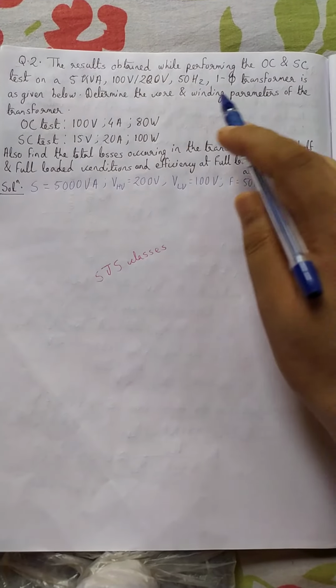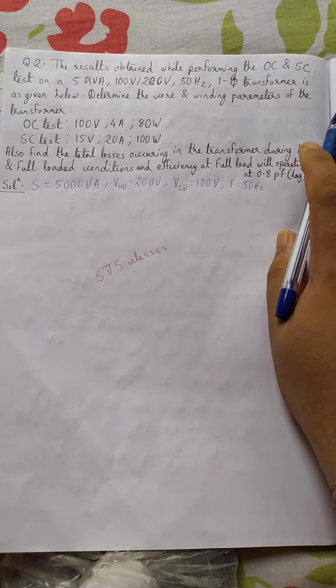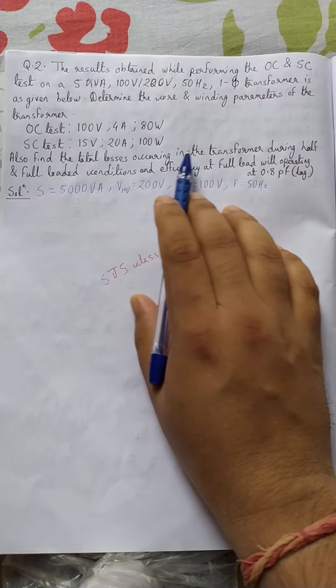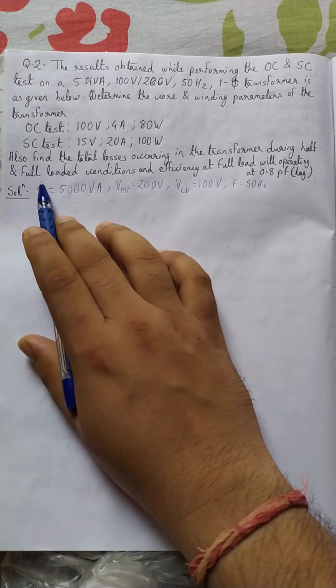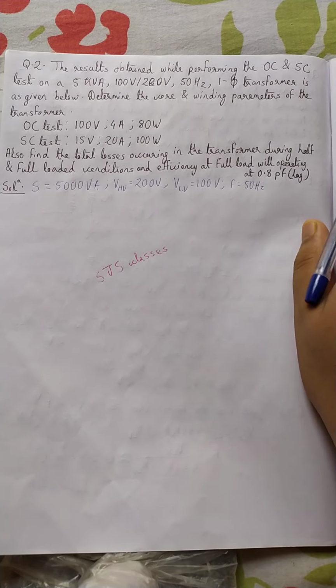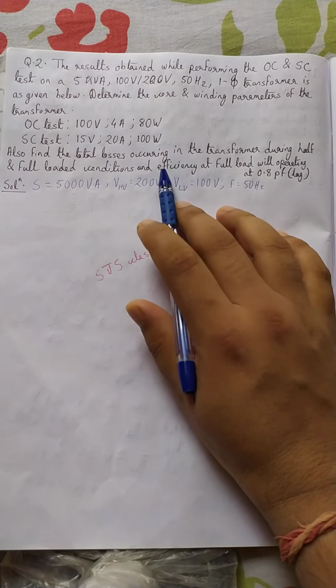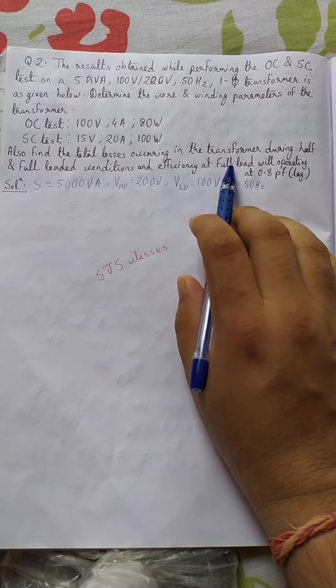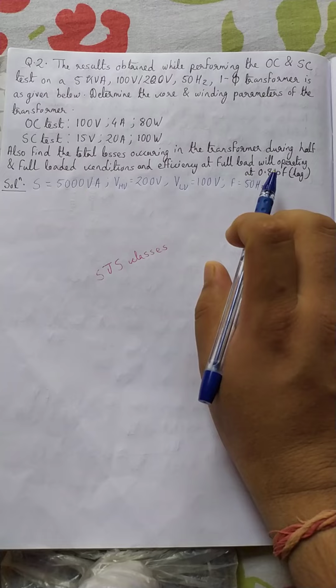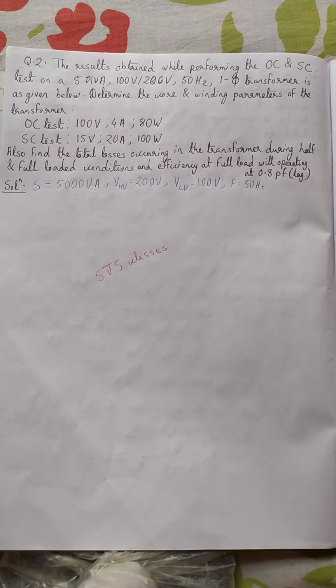After finding out this core and winding parameter, we also have to find out the total loss occurring in the transformer during half load and full load. Finally, we have to find out the efficiency of the transformer at full load while operating at 0.8 power factor lagging.